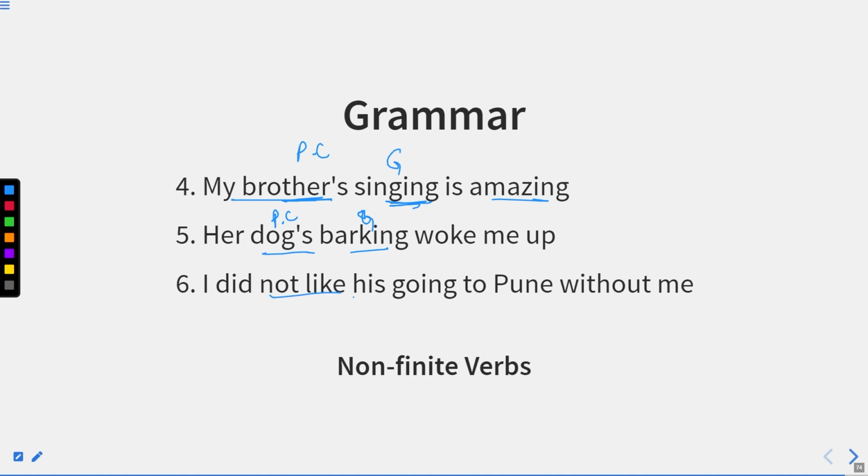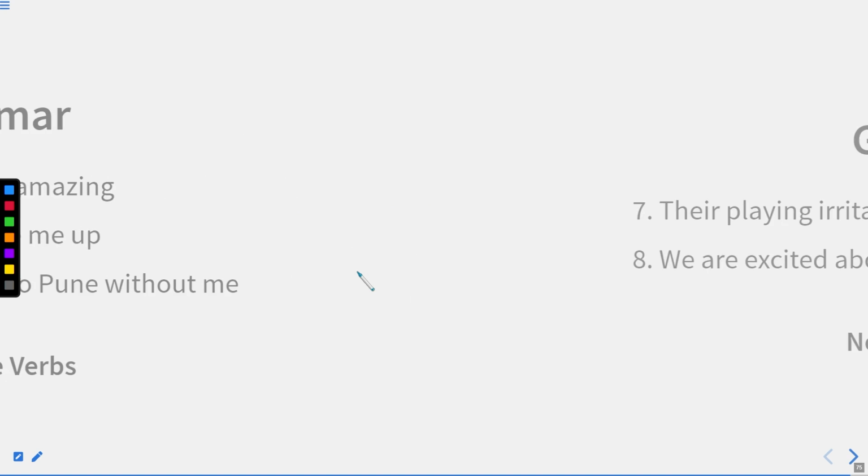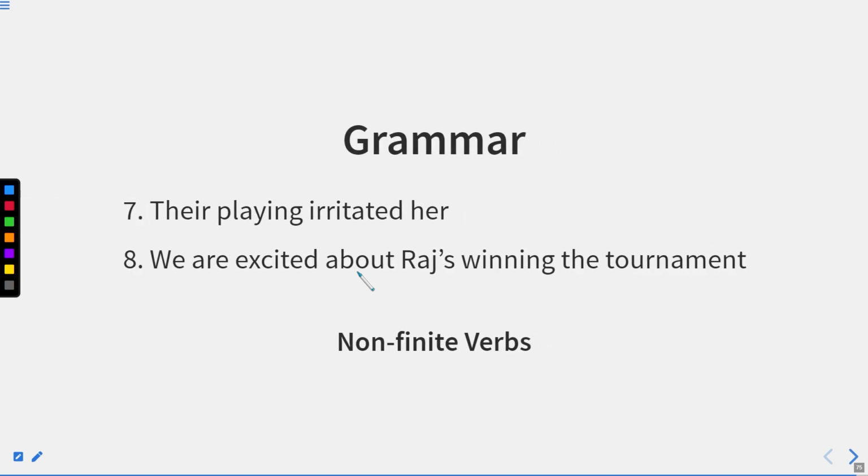I did not like his going to Pune without me. So going is a gerund and his is the possessive case. This is very, very important. Now let us move to the next one. Their playing irritated her. So their is the possessive case and playing is a gerund. We are excited about Raj's winning the tournament. So winning is a gerund and Raj's is the possessive case. So this is again a very, very important thing.